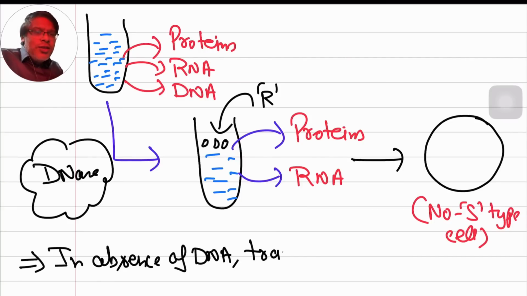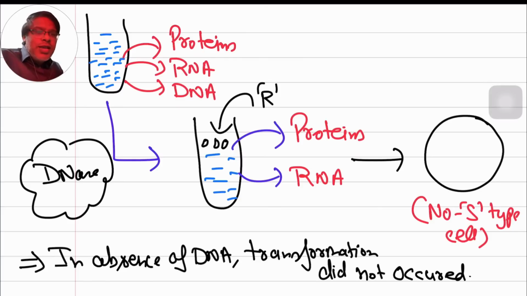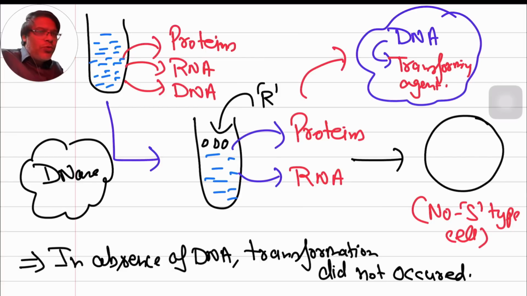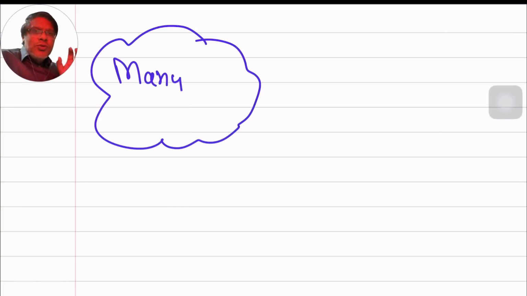So in absence of DNA, transformation did not occur, meaning DNA is responsible for the transformation of R bacterial cells to S bacterial cells. So this experiment clearly proved DNA is the transforming agent.